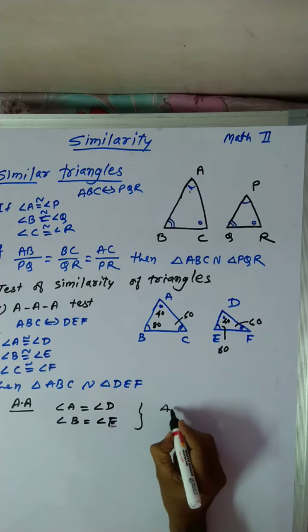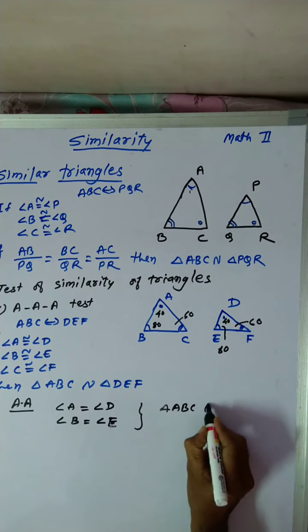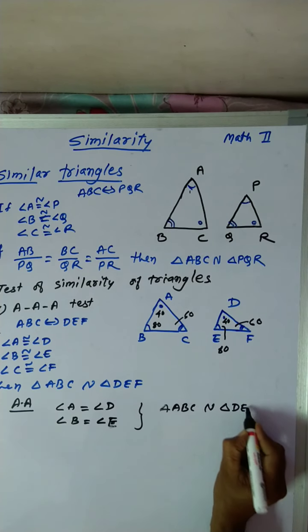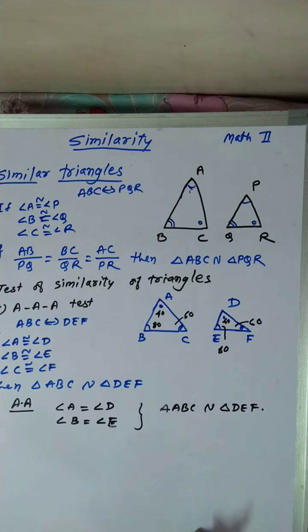Therefore, triangle ABC is similar to triangle DEF. Okay, this is called the AA test. The AA test is the AAA test only.